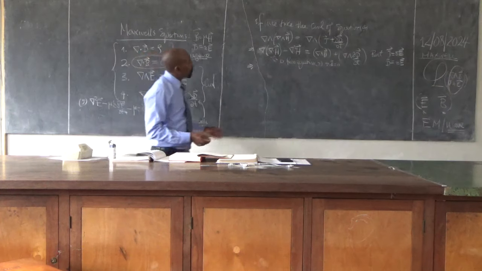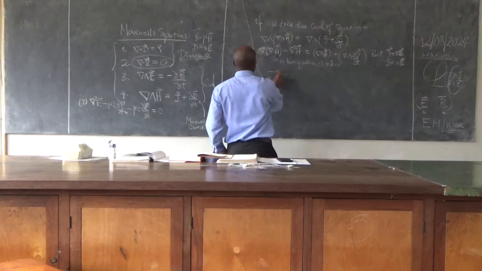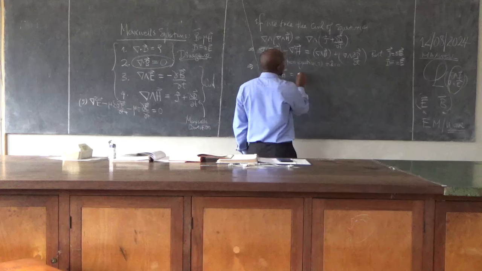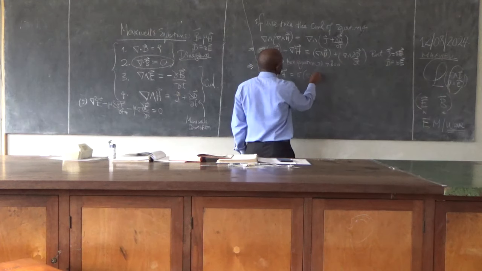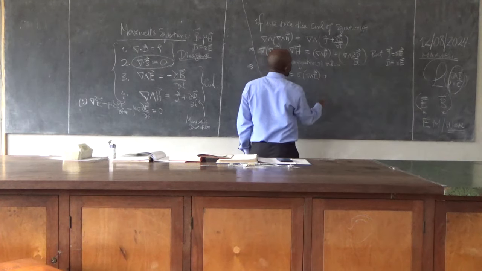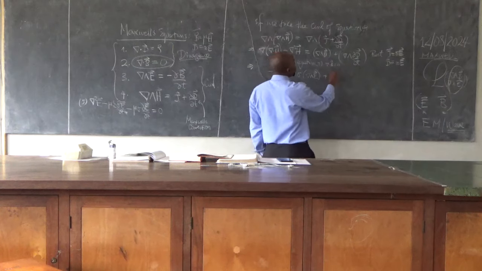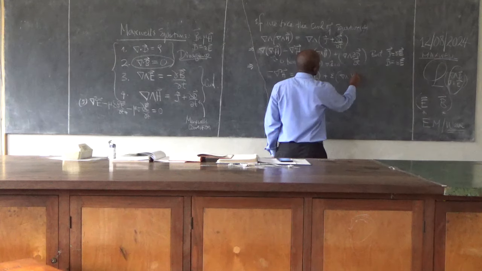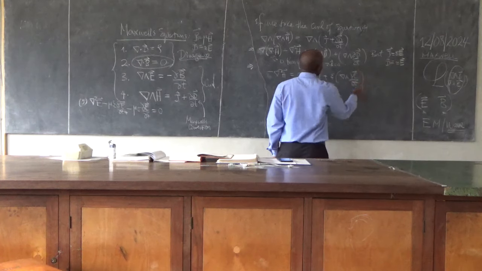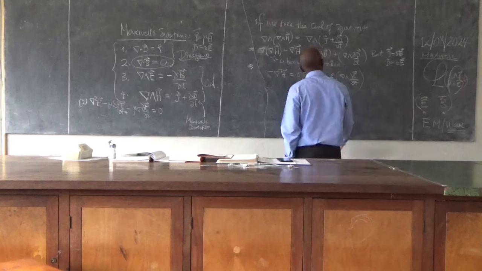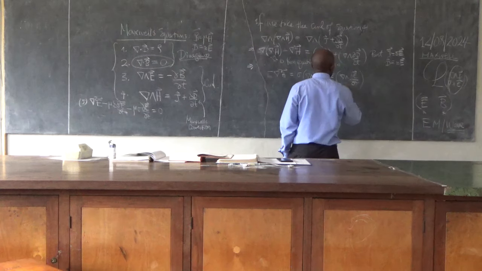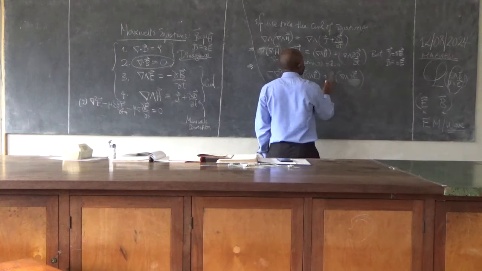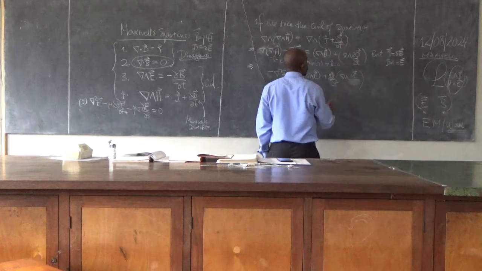So then minus grad squared H is equal to, this one is σ, the curl of E, plus the other one is ε, the curl of ∂E by ∂t. And so we can put the ∂ on the outside.